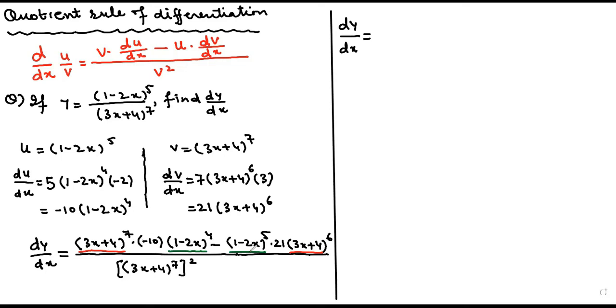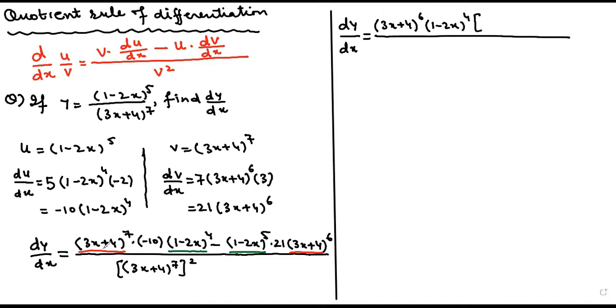You can see that (1 minus 2x) power 4 is the smaller, so we will take common (1 minus 2x) power 4. We will write down the smaller powers, (3x plus 4) power 6 and (1 minus 2x) power 4.